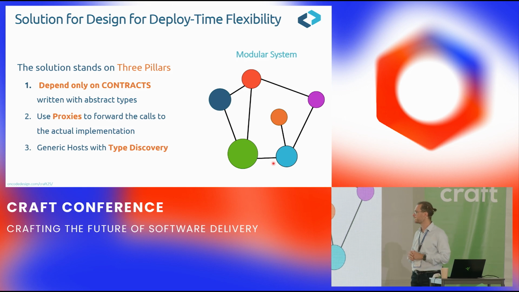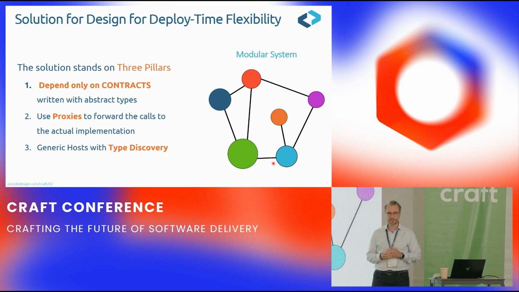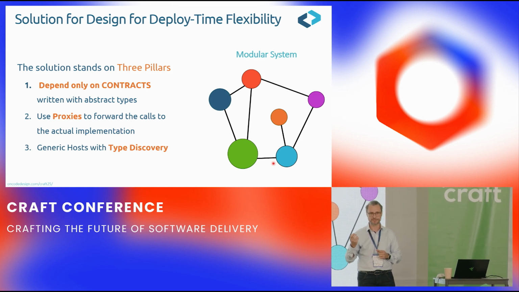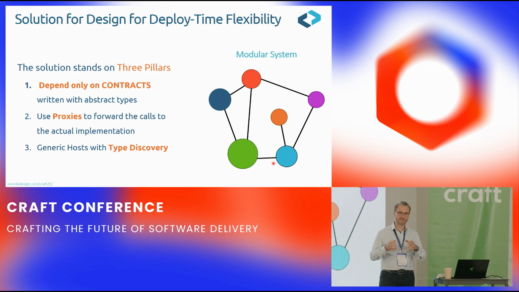The second pillar are the proxies. So each contract will actually be implemented by a proxy. And the proxy will forward the call through REST, in our case, in another process, or in case that the real implementation is available, it will be another type of proxy which will forward the call to a class in the same process.